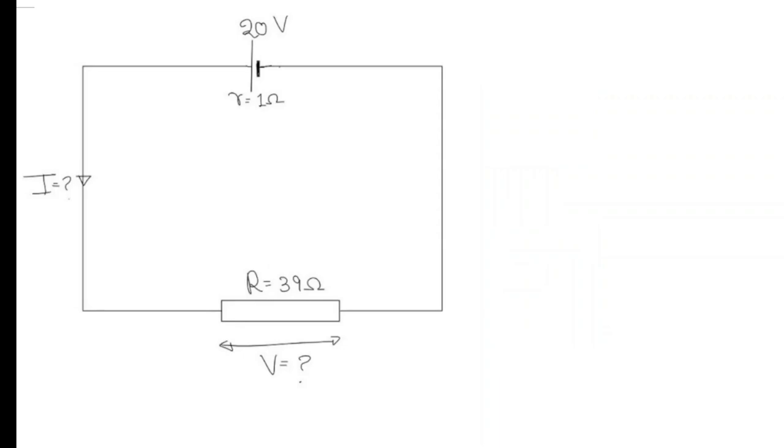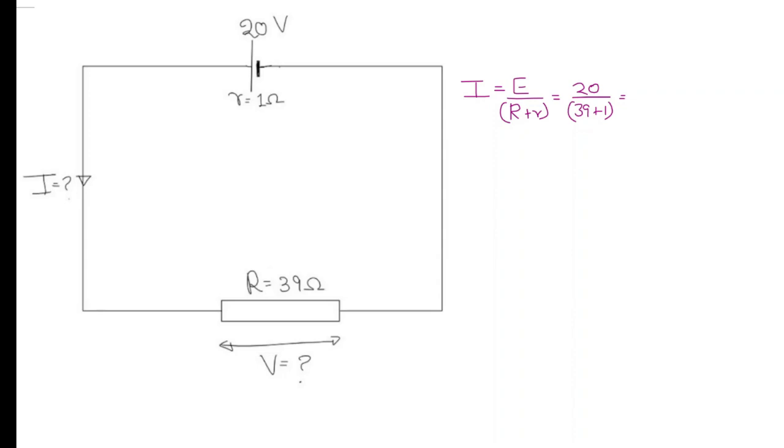Here's an example. Please pause the video and work out the size of the current and potential difference across the external resistor, or we call it terminal PD. So the first part is very straightforward. All you need to do is just substitute in the formula. I is equal to E over R plus r.